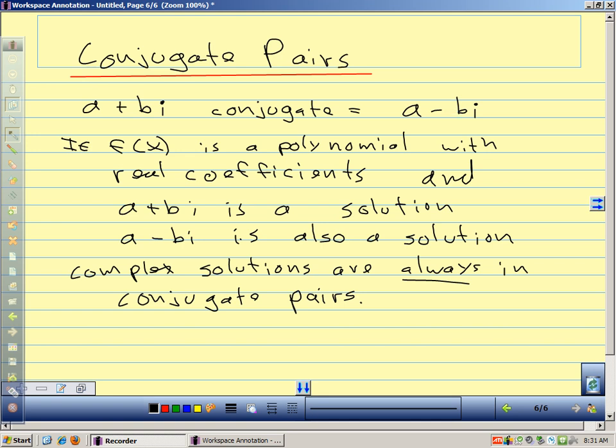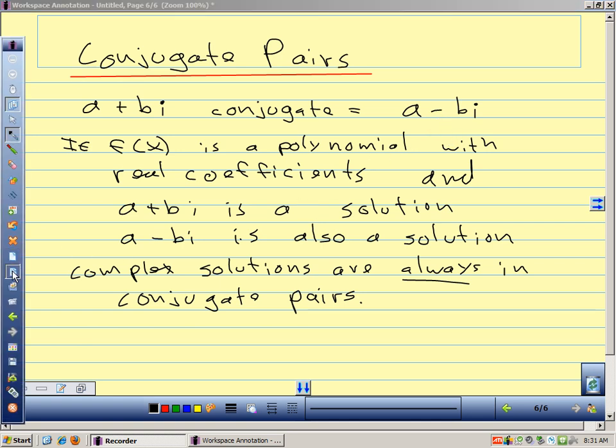So the problems that you're going to see that have to do with this idea, well, one, if you have one complex solution, the conjugate is also going to be a solution.